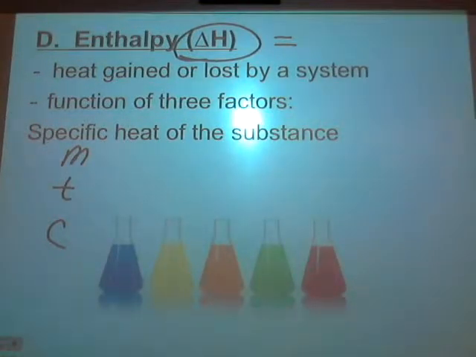Appendix E should have at the top what the units are. So what do I have to do with those variables? What is the equation going to look like? Who wants to give it to me?